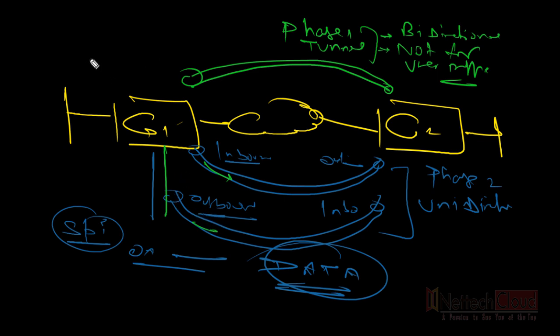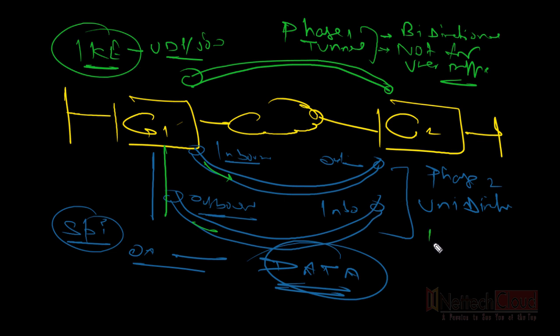So for security association to build a phase 1 and phase 2 tunnel, there is only one protocol here, and that is IKE, Internet Key Exchange, UDP port number 500. So IKE is used to build both tunnels, phase 1 tunnel and phase 2 tunnel, and also there is another important protocol here like IPSec protocol, negotiated during phase 2 tunnel, and is ESP basically.